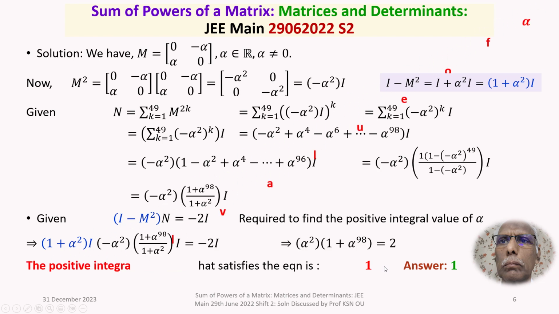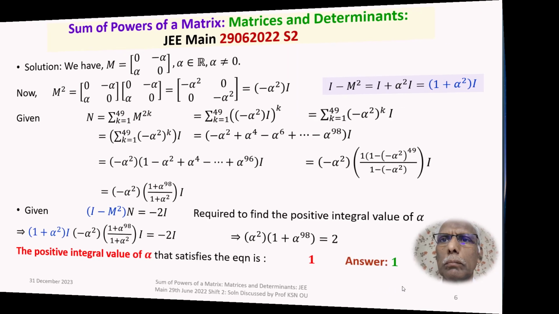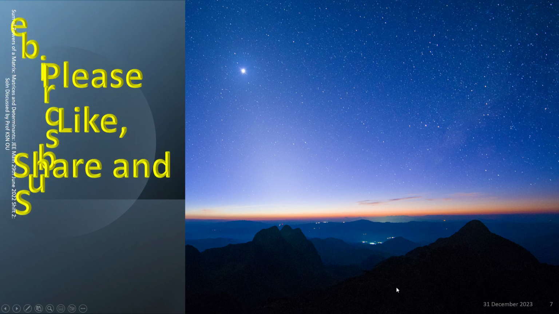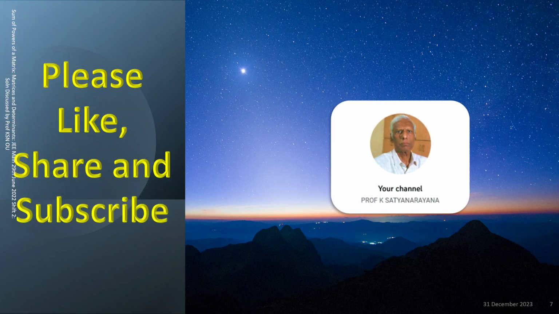That is the detailed discussion of the solution of the problem from the section Matrices and Determinants, related to the sum of powers of a given matrix. It is definitely an easy question. I am sure that you have understood the solution of this problem, and I wish you all the best. Thank you.